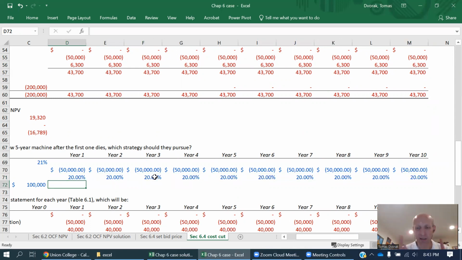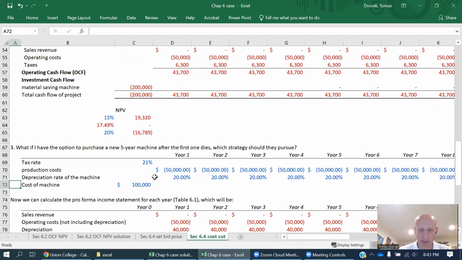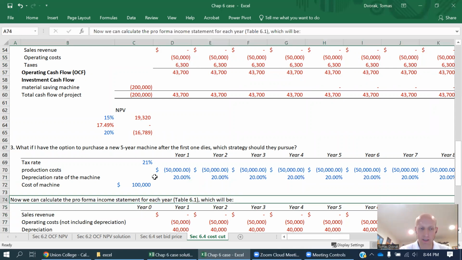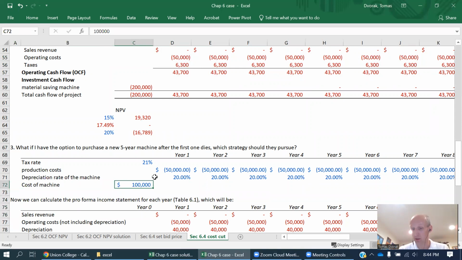We're gonna keep that in mind. That's not coded in this table yet. But when we calculate the investing cash flows, we'll have to remember that this is the initial cost of the machine, but the machine's gonna die in year 5, and we're gonna buy a new one at the end of year 5.